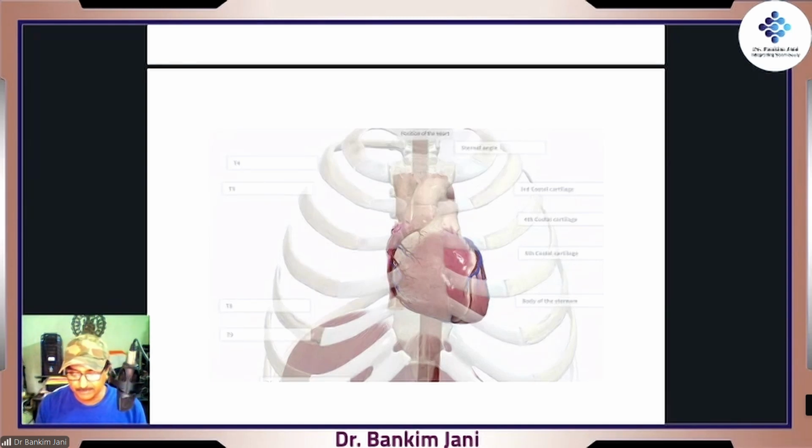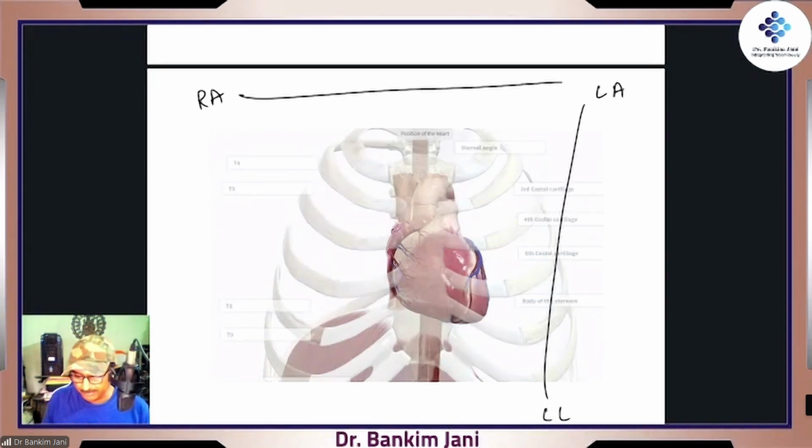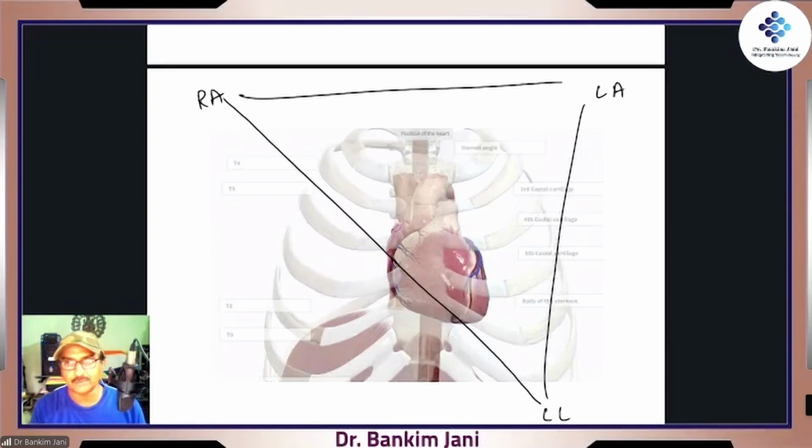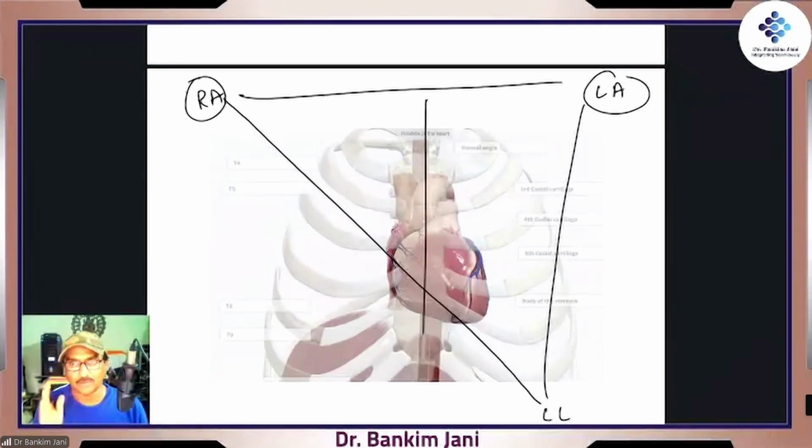As such, the heart is in the center, and that's the reason we use the right arm, left arm, and left leg, which makes the triangle called Einthoven's triangle, which measures all the electrical activity in these three planes. From the electrical aspect, the heart is considered the center, so that's how things are.